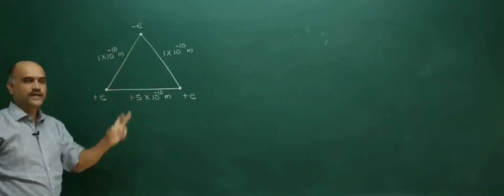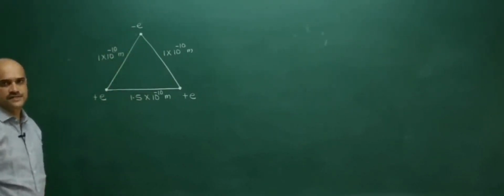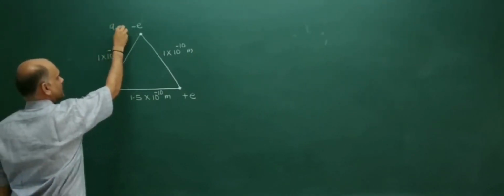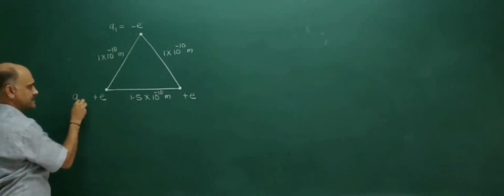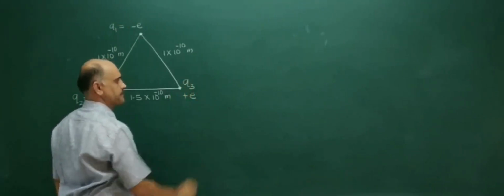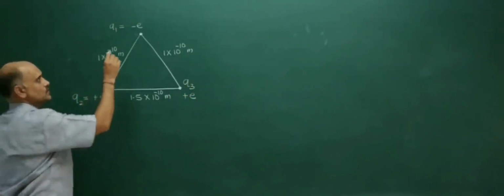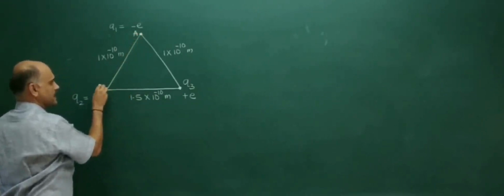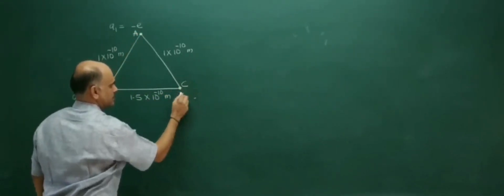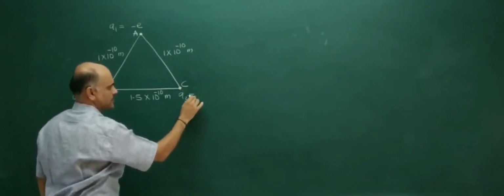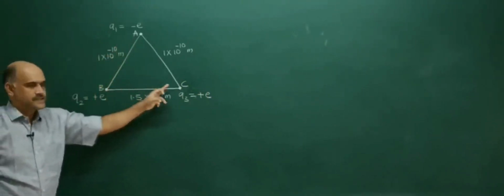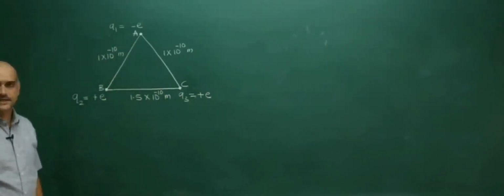I will take the first one as Q1, this charge as Q2, and this charge as Q3. I will denote this triangle as A, B, and this I will take as C. Q3 is equal to plus E.